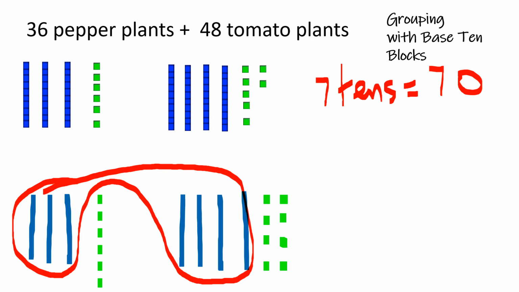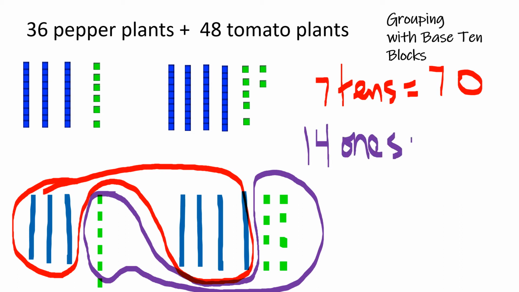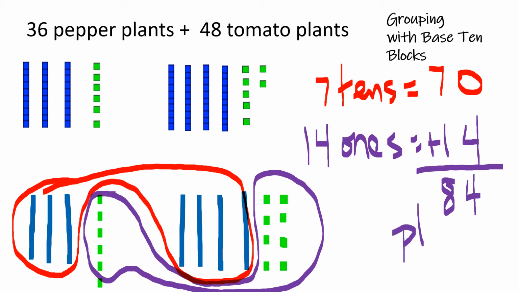And then I could group my ones. Let's find another color for that. And I would see that there are 14 ones, which is 14, and I could add together 70 plus 14 to get 84 plants. So that's one way that you could have solved the problem.